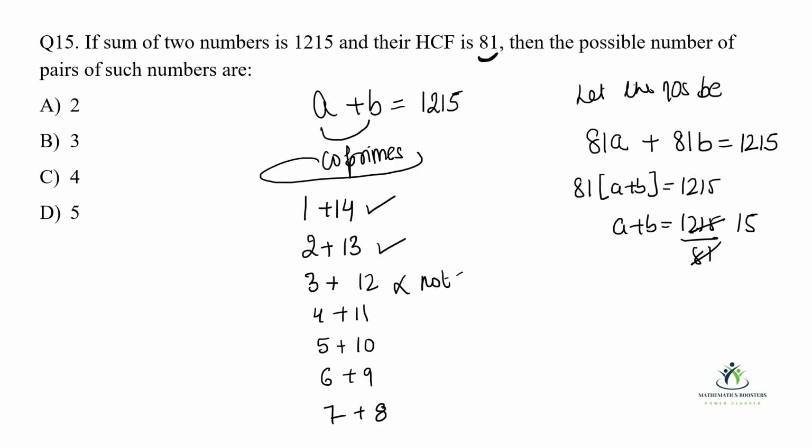Why? Because 3 is one of the factors. 4, 11 co-prime. 5, 10 not co-prime because इनका 5 भी factor है. 6 and 9 not co-prime because 3 is one of the factors. 7 and 8 co-prime. So there are 4 possibilities.